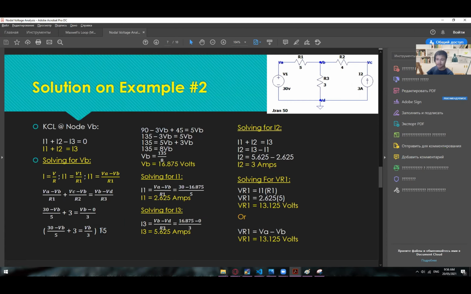Same, 15 times 3 is 45. And then 15 divided by 3 is 5, so we have here a multiplication of 5. So 5 times VB is 5 VB. And then from here, you can now simplify everything, just add similar terms, and then you will get this one.